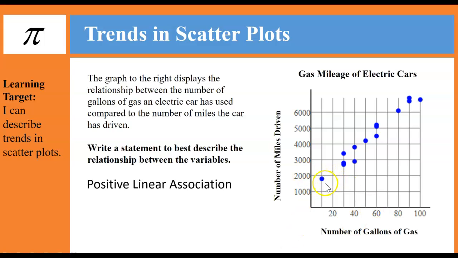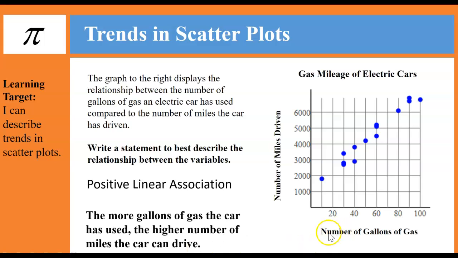So here again, we know that it's a positive linear association because if this were an equation of a line, it would have a positive slope, but don't forget it also means that as one value increases, so does the other. So we would say that the more gallons of gas the car has used, the higher the number of miles the car can drive.